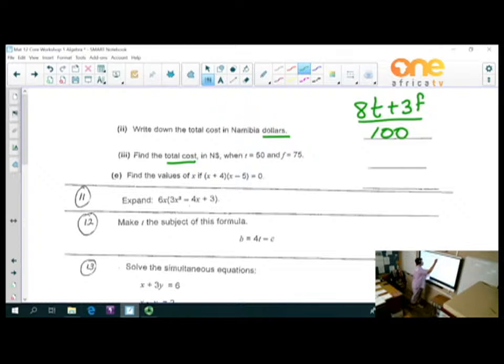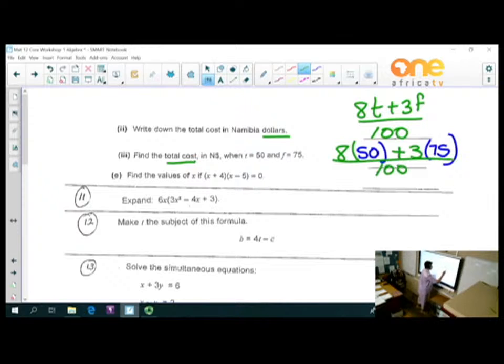So now we're just going to substitute in our previous formula. Still very easy. So it is then 8, and now I substitute the 50 cents there in T's place, plus 3 times, and this is then 75, divide by 100. Can you see? I just substitute in that formula. Find the total cost.